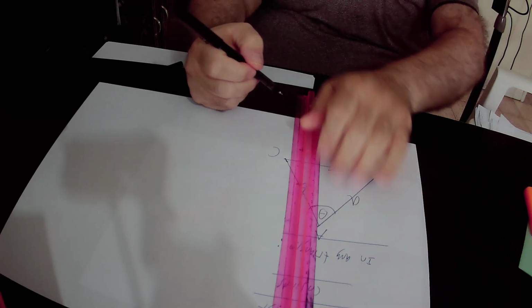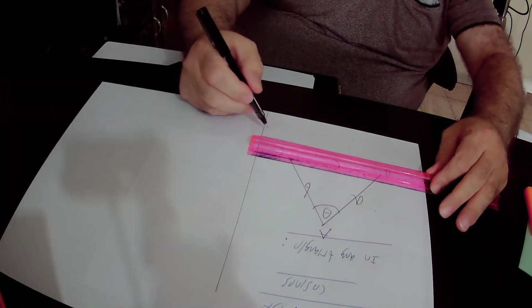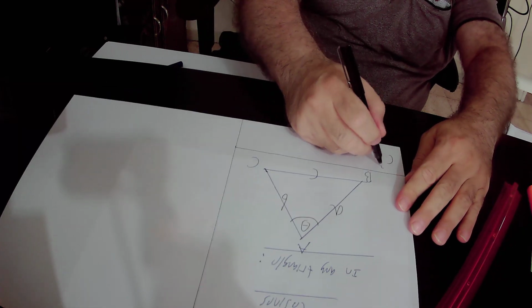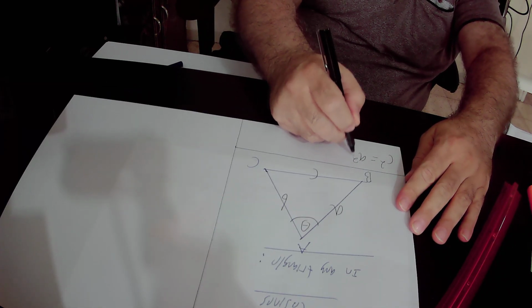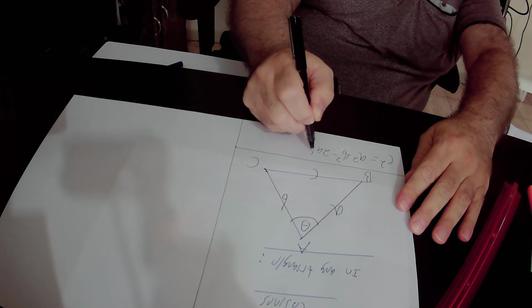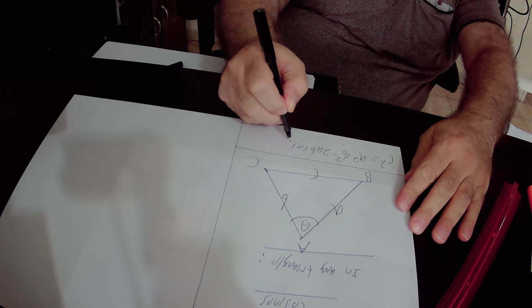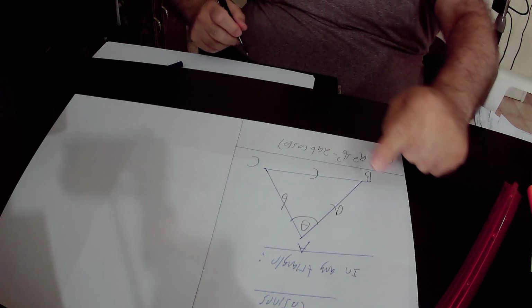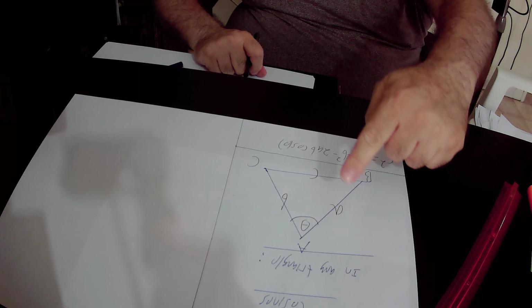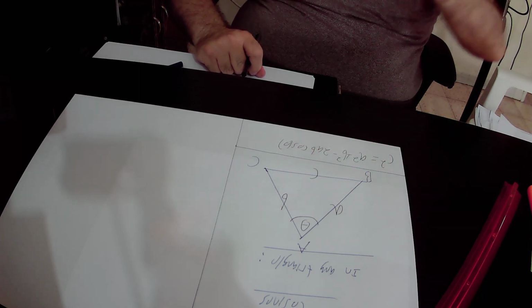Then, according to the law of cosines, the following equation is true: C squared equals A squared plus B squared minus 2 times A times B times cosine theta. I'll repeat again, in any triangle ABC, C squared equals A squared plus B squared minus 2 times A times B times cosine theta.